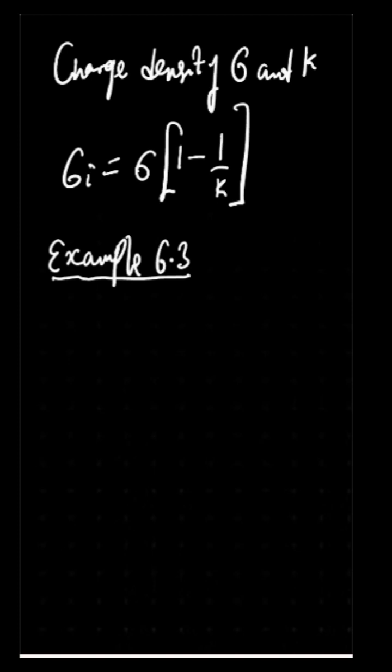Let's read this question again. A sheet of plastic 50 cm wide, right? That is talking about breadth, and 0.2 cm thick is used between metal foil of same width to make a 4 microfarad capacitor.